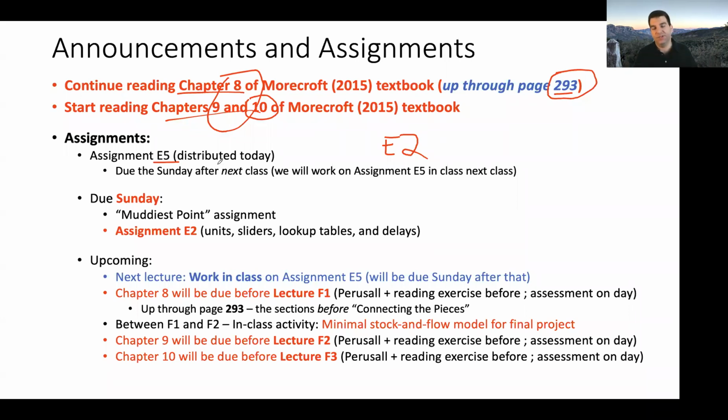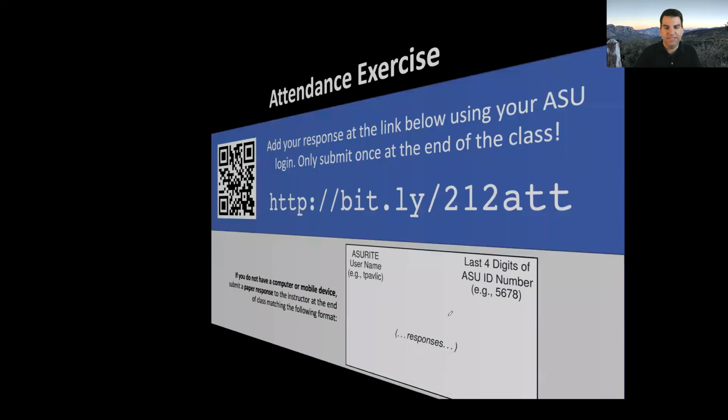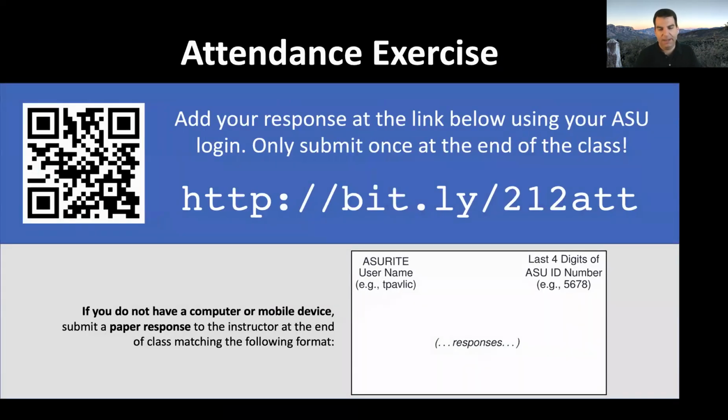Many of you might finish the whole assignment while you're in class, but those of you who don't will at least build up a lot of momentum on it. So again, due Sunday, there's a muddiest point and assignment E2, and this is our timeline moving forward. I will finish up today with the last attendance exercise, and then I'm happy to take any questions you might have. Otherwise, I'm happy to wish you a good weekend.